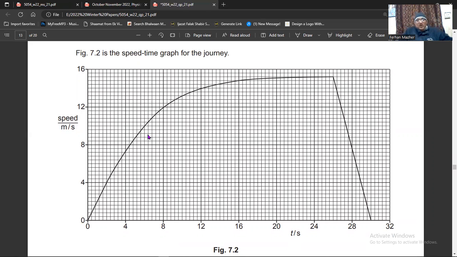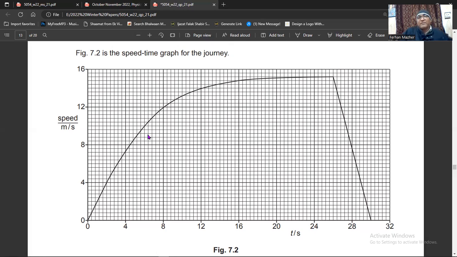Why does this happen? Because at the start the sledge is coming downward, so one component of the weight is responsible for moving it down the slope. And as it gains speed, the air resistance acting on the child and the sledge increases. So as the child and sledge gain speed, the air resistance they experience also increases.